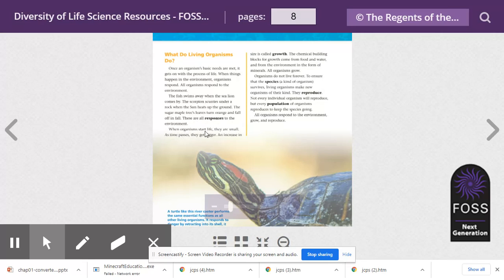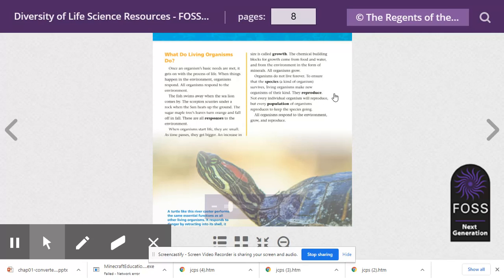When organisms start life, they are small. As time passes, they get bigger. An increase in size is called growth. The chemical building blocks for growth come from food and water, and from the environment in the form of minerals. All organisms grow. Organisms do not live forever. To ensure that the species, a kind of organism, survives, living organisms must make new organisms of their kind.